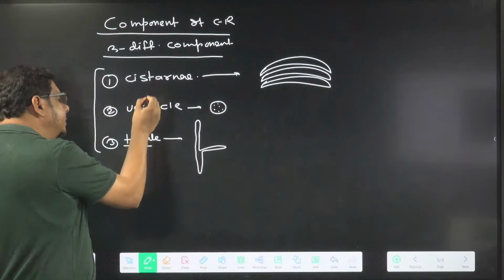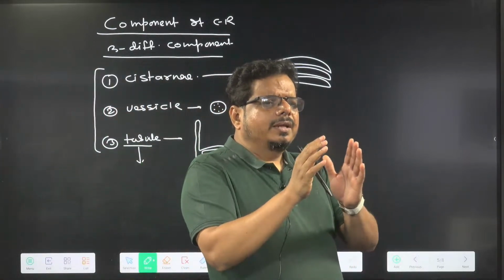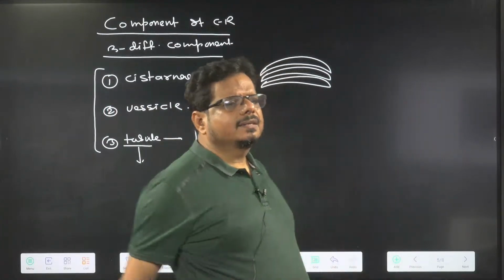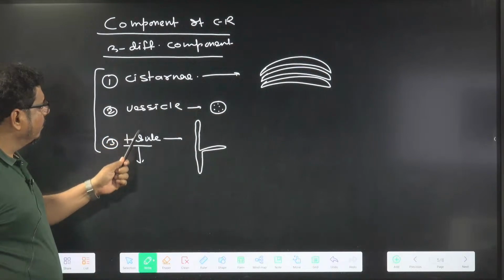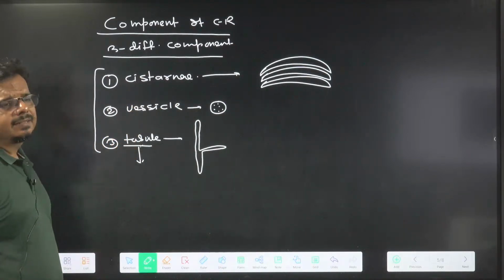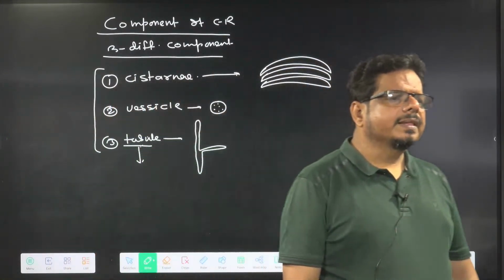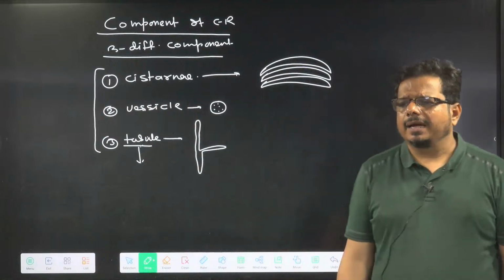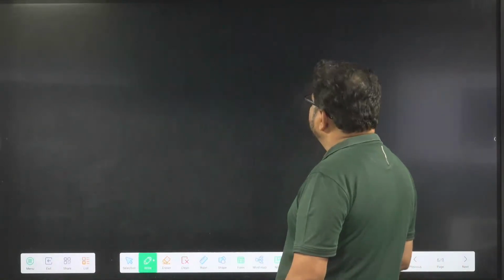All these three components are also present in the Golgi body, but in the Golgi body they are present as a complex, and in the endoplasmic reticulum all three components remain separate. Understanding the idea? So these are the three components of endoplasmic reticulum: cisternae, vesicles and tubules.